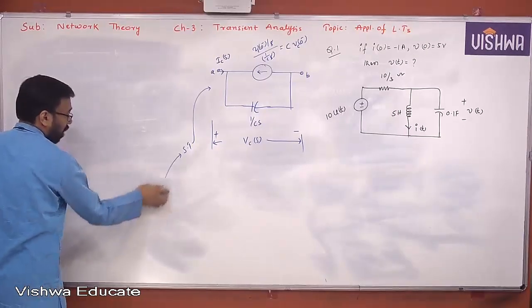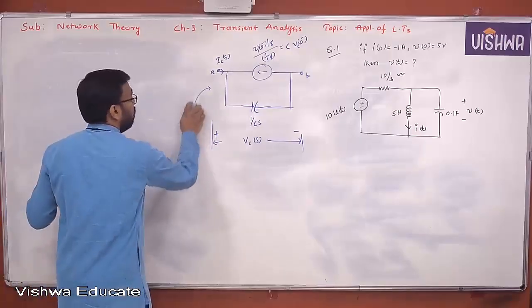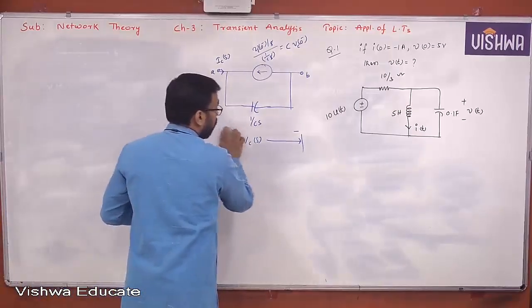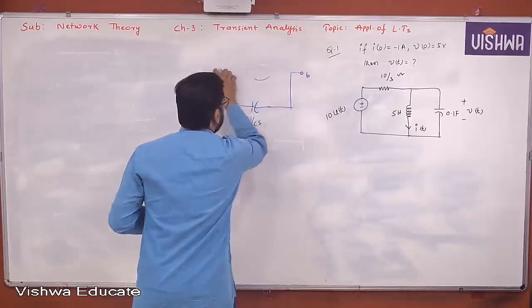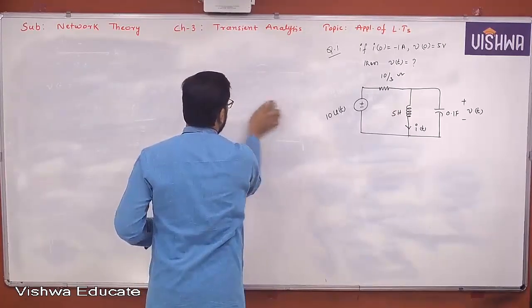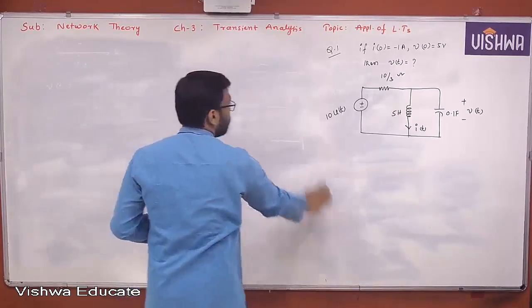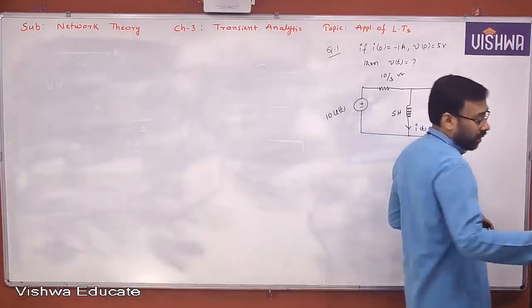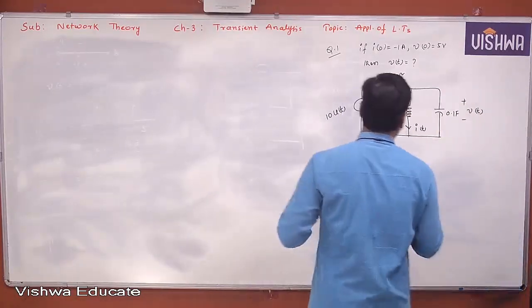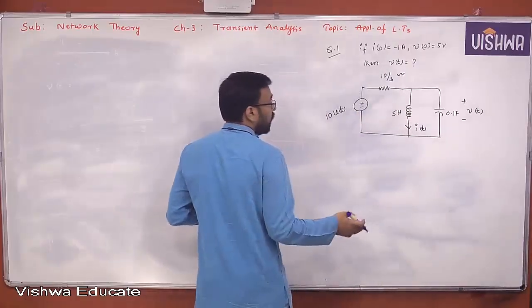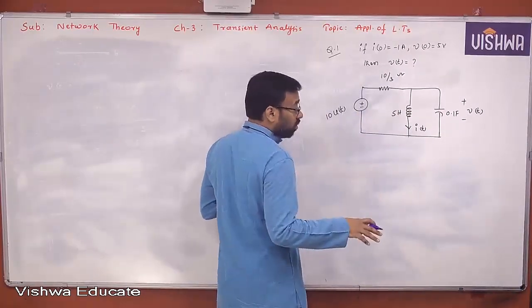So that is why when the problem is given, you have to immediately realize whether the given problem comes under first category or second category. First category, if it is, then go with the formula. Second category, if it is, then go with what? S domain equivalent. Okay. So let us do that. Now, definitely you understand this problem belongs to second order, that's category 2. S domain equivalent is the only way you have to solve.